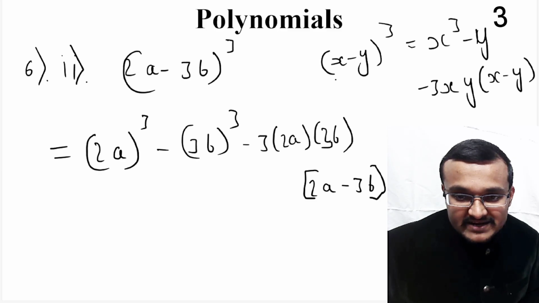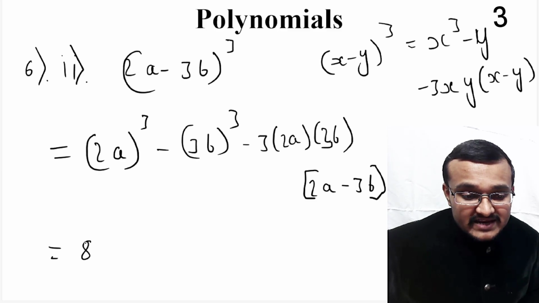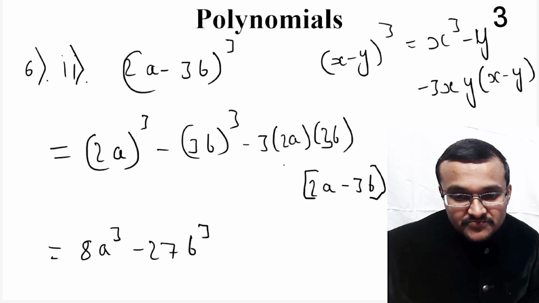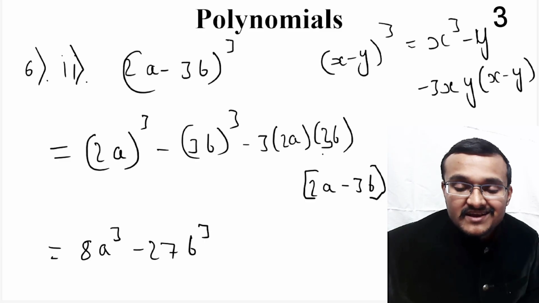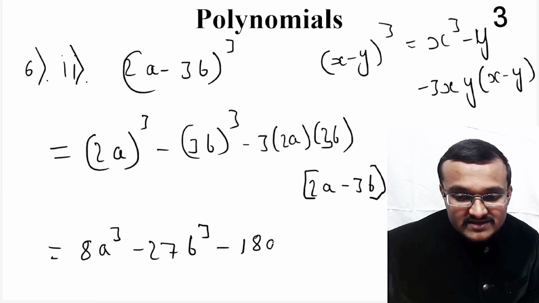So 2a whole cube is 8a cube, minus 3 cube is 27, so minus 27b cube. Here 3 3s are 9, 9 2s are 18, into ab, so minus 18ab.